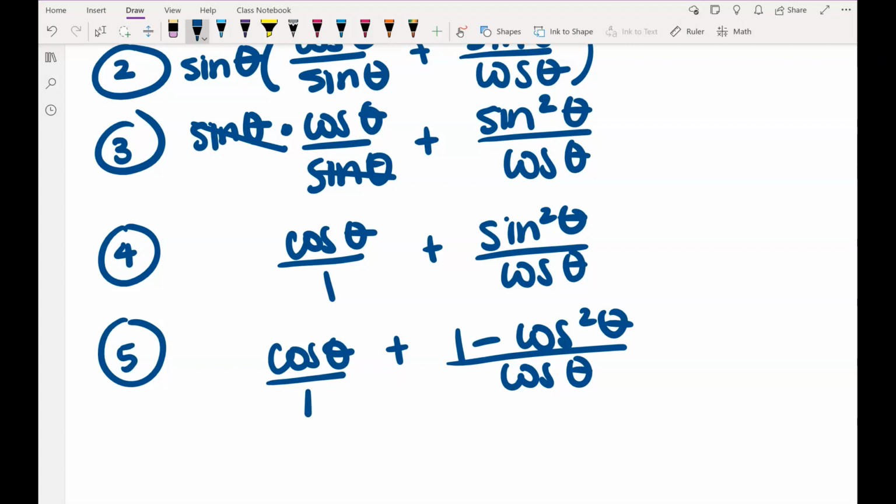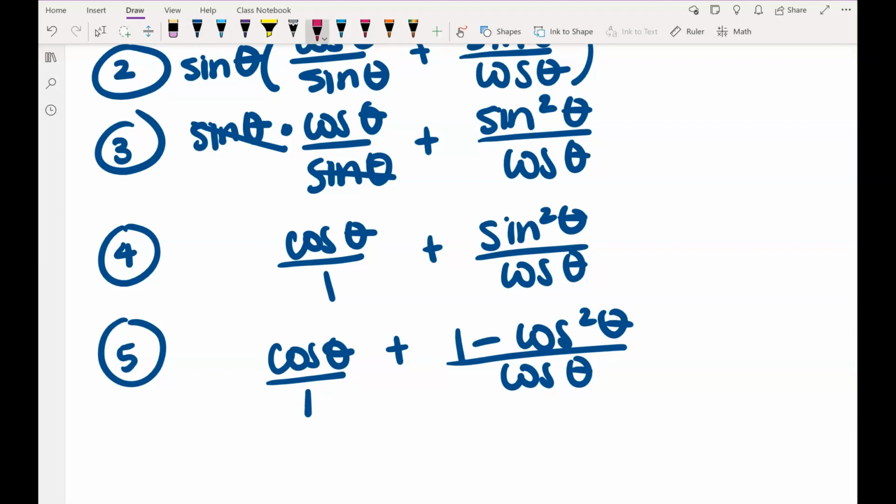Remember what the guideline says when you have multiple fractions, what should we do? Yeah, right? When we have the quotient, the difference in sum of quotient, try to make it as one quotient. Remember this? So how would we go about making this as one quotient?